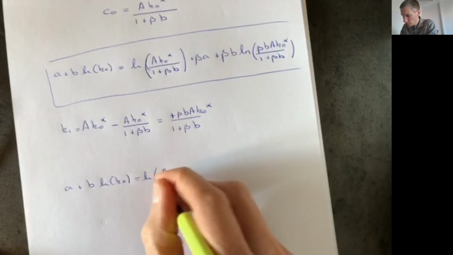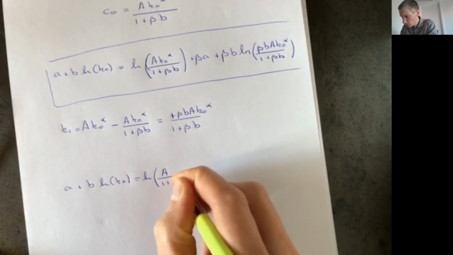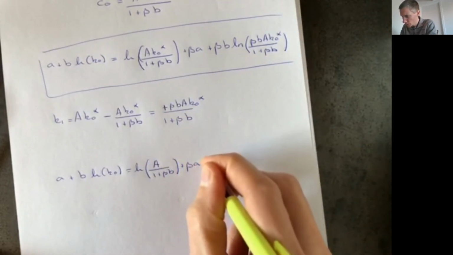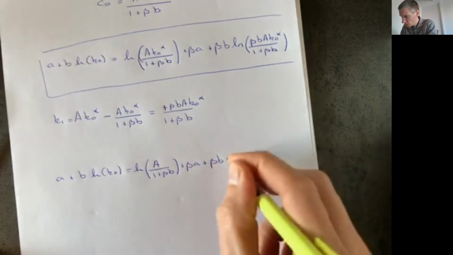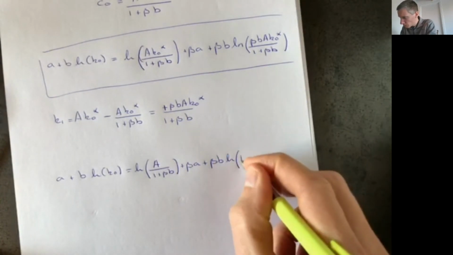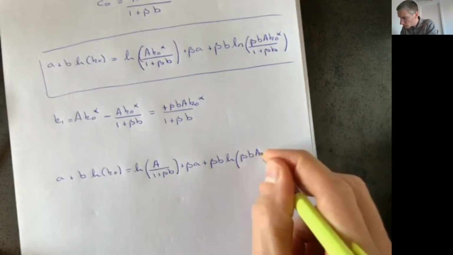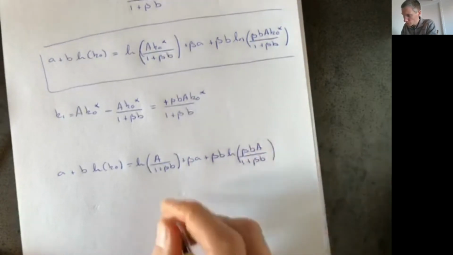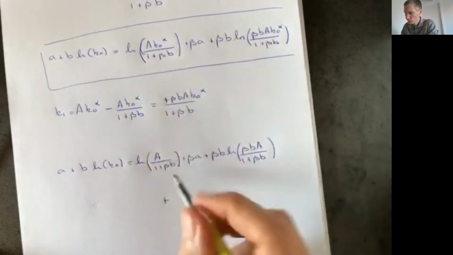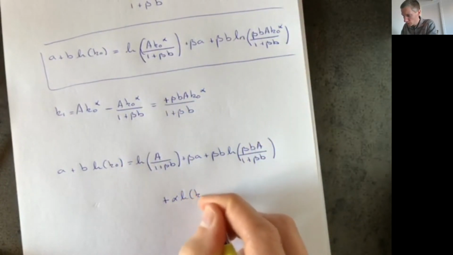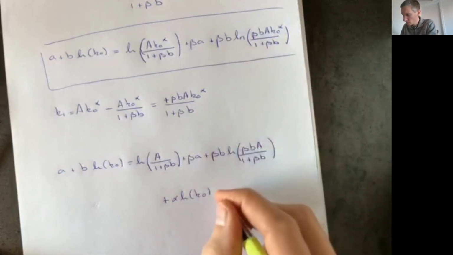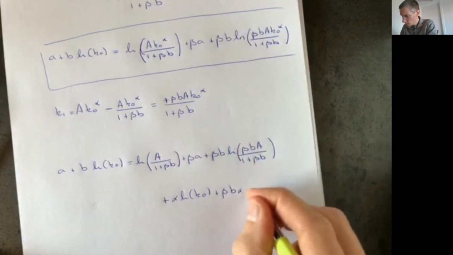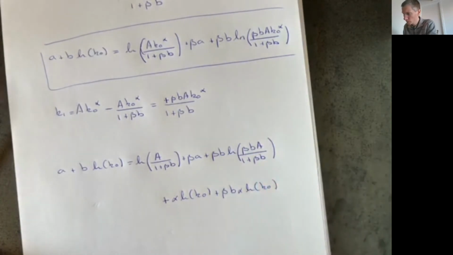So I have a over 1 plus beta b, this is fixed, plus beta a plus beta b ln of beta b a divided by 1 plus beta b, and then I have here alpha ln k0, and here plus beta b alpha ln k0.